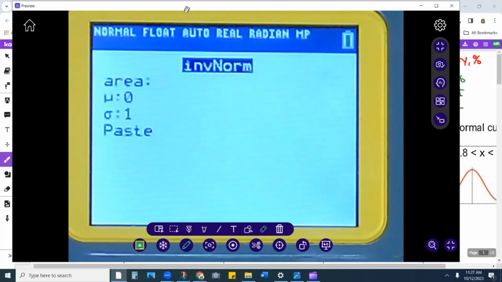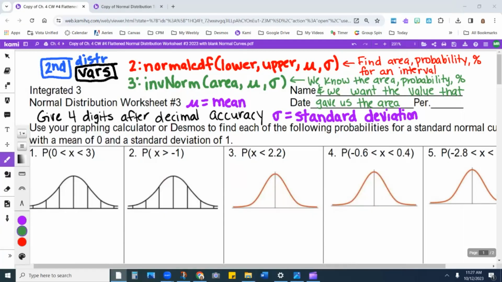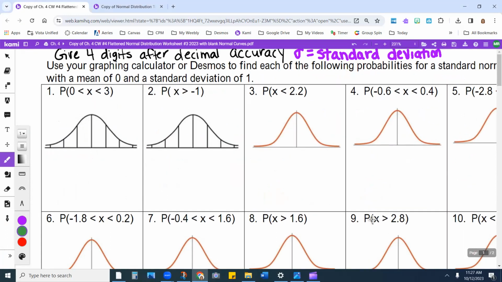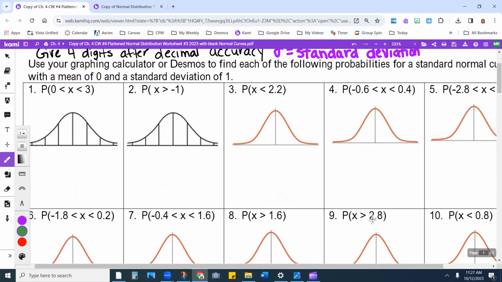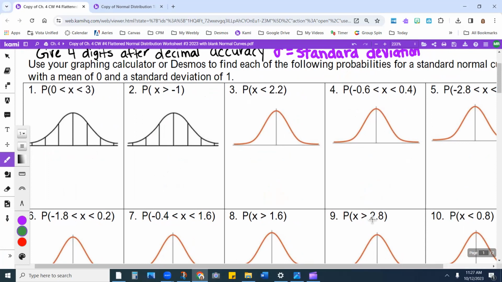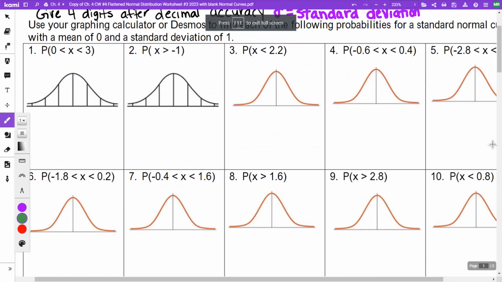Let's take a look at the first four on this worksheet because they're all slightly different ways we're going to enter these in.